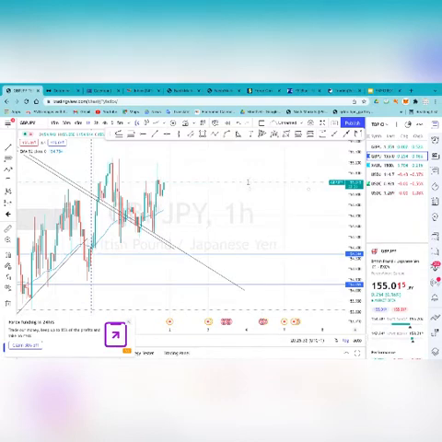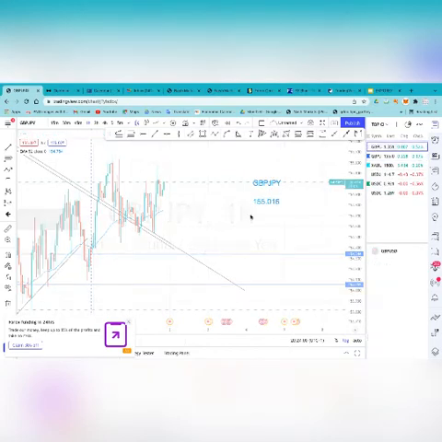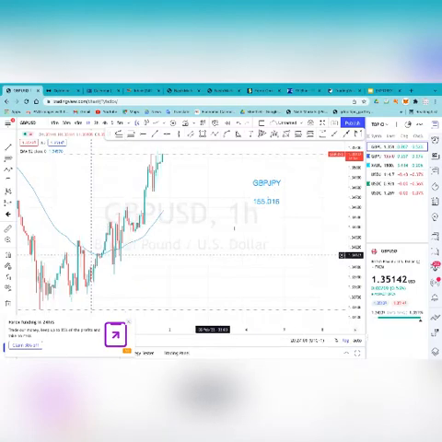So now on the pounds against the Japanese yen, GBP JPY, we have 155.016 for current price, and then the GBP USD, let me go to this guy here so I can get the current price.